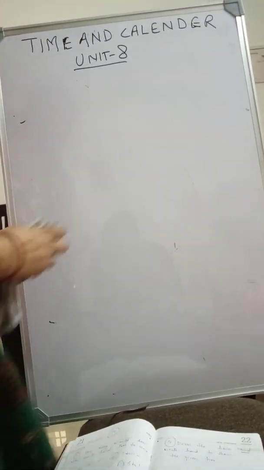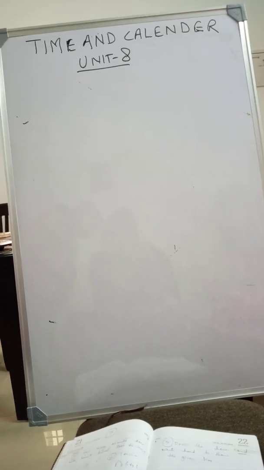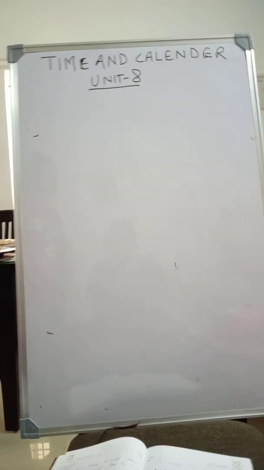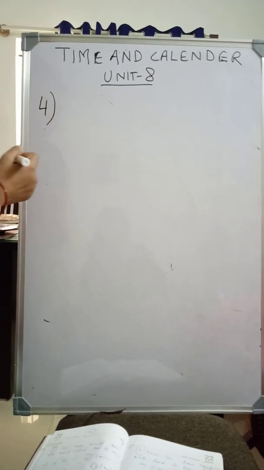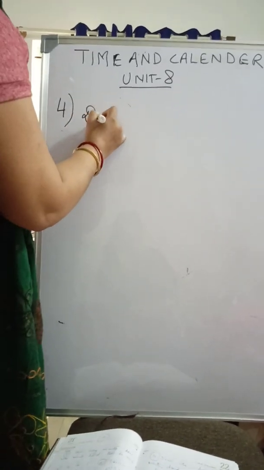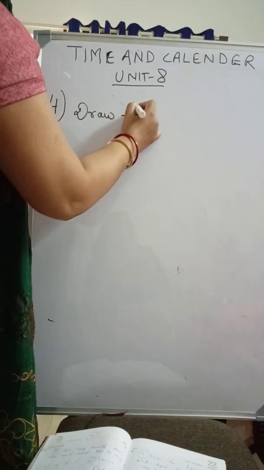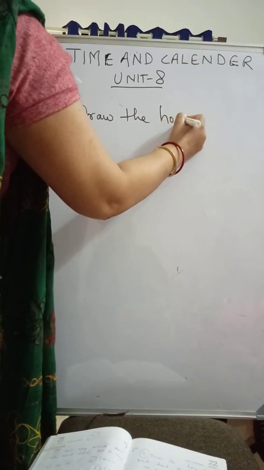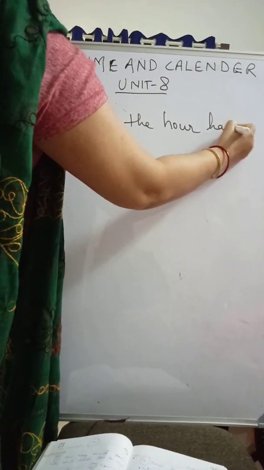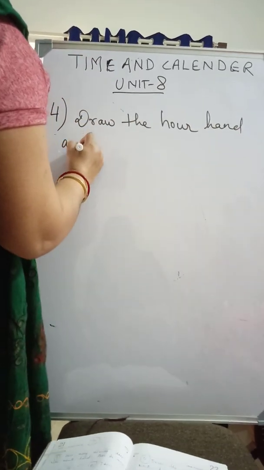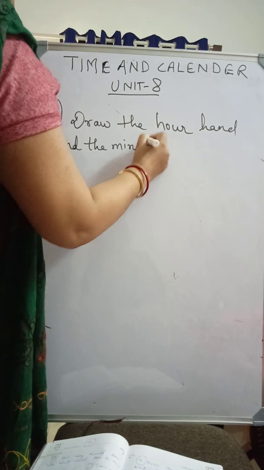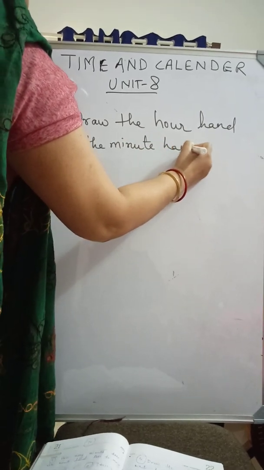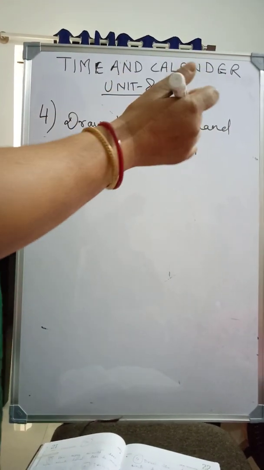Now come to question number 4. In question number 4, you have to draw the hour hand and the minute hand for the given time.